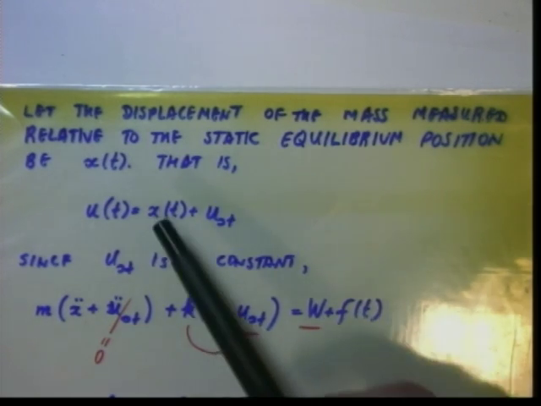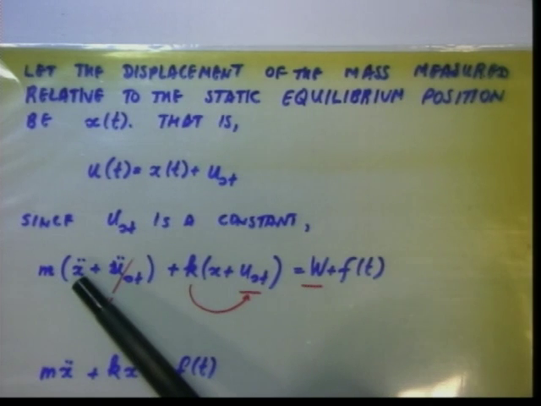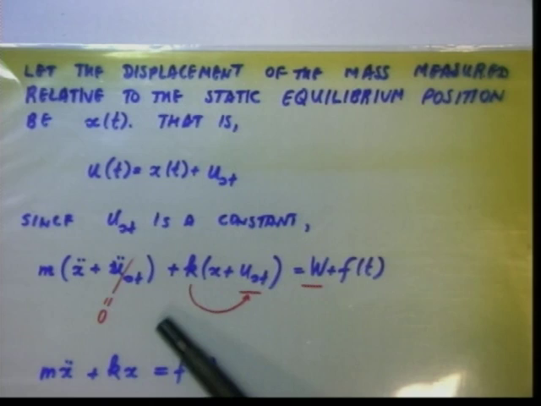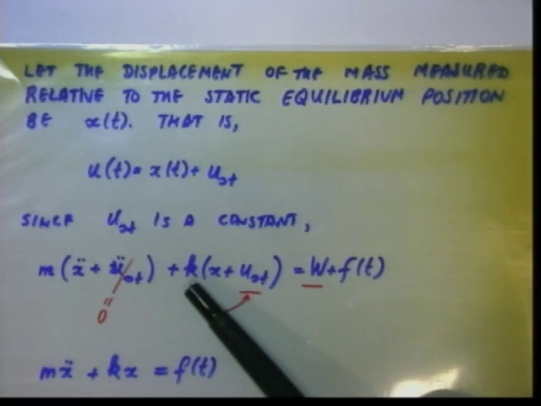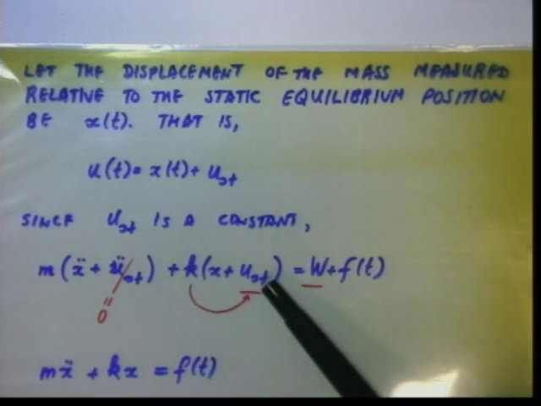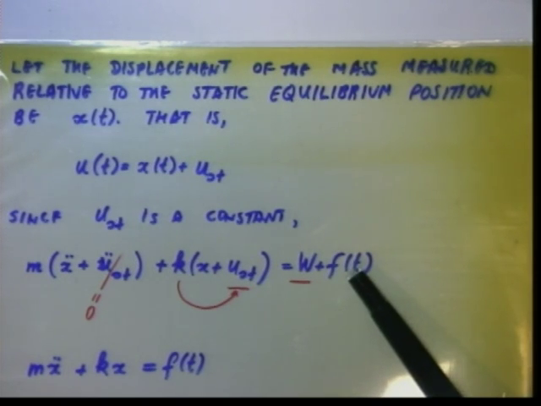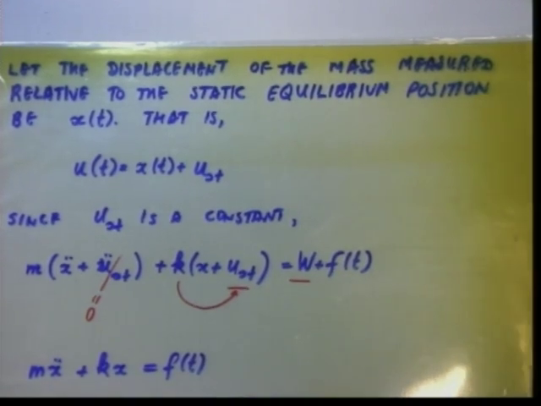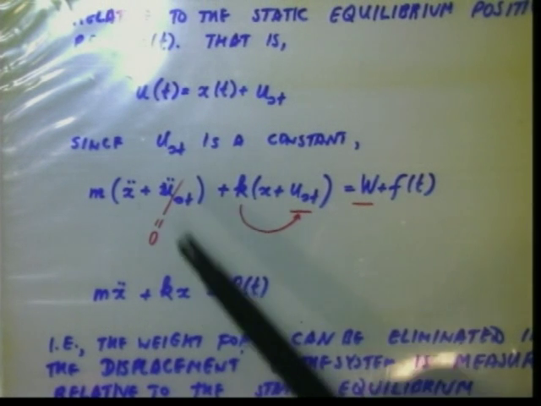Okay, now let us substitute in our equation. M, now I have u double dot. u double dot will be x double dot plus u static double dot. Now plus K times u, that is x plus u static. This equals W plus F of t. So I just substitute. Now look, please. Static is a number.